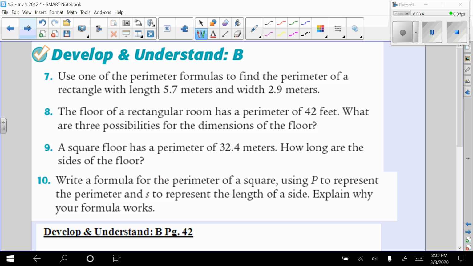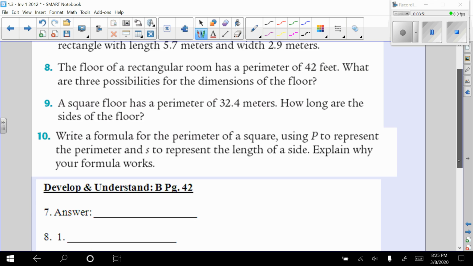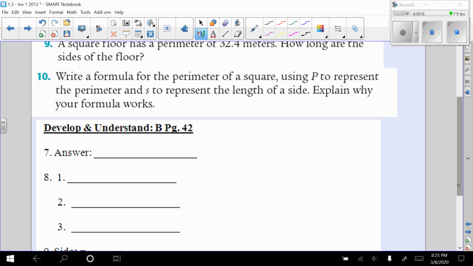So let's go ahead and use that formula here for the first one. If you have a rectangle that is 5.7 meters long and the width is 2.9, what is the actual perimeter for it? Well, I can use the formula to help me decide that. Remember, I'm making a rectangle here. Let's go ahead and just draw one out. And it told me that the width was 2.9 and the length was 5.7.